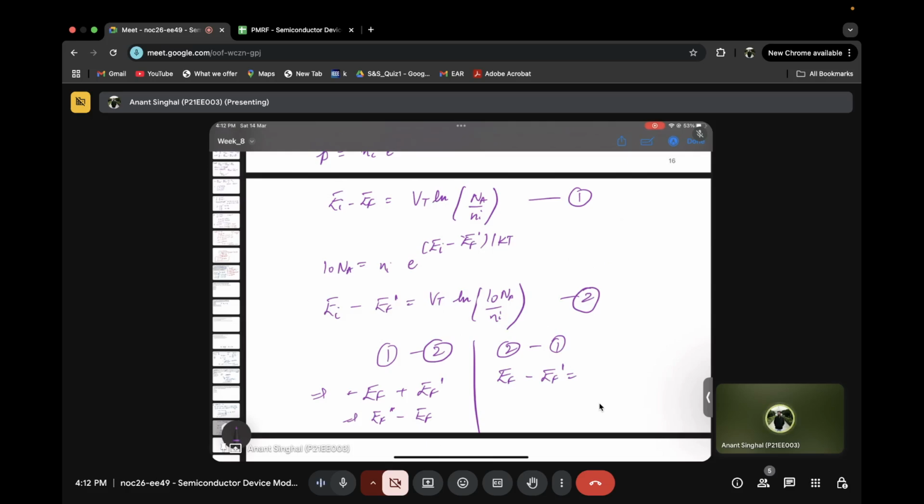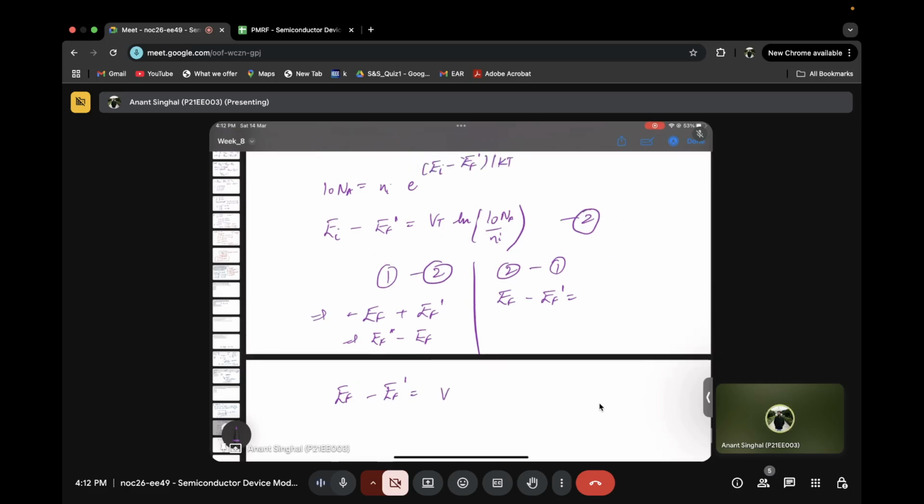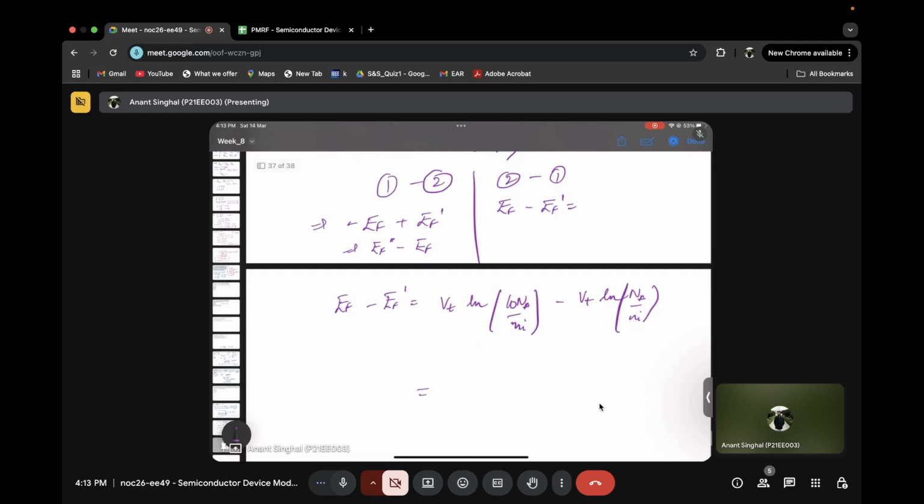So what will it be? Can you calculate quickly? So EF minus EF dash would be VT ln 10 Na over Ni minus VT ln Na over Ni. So what will this be?